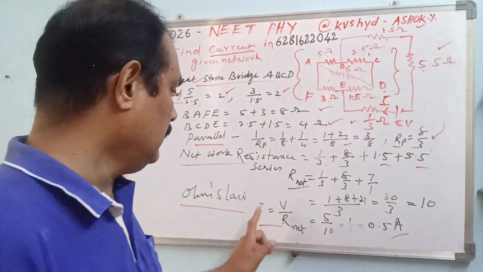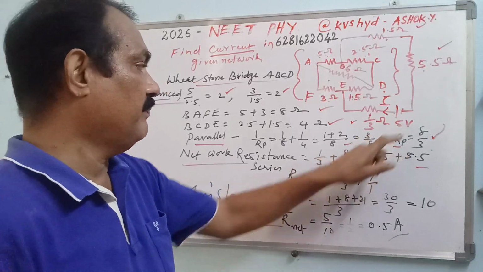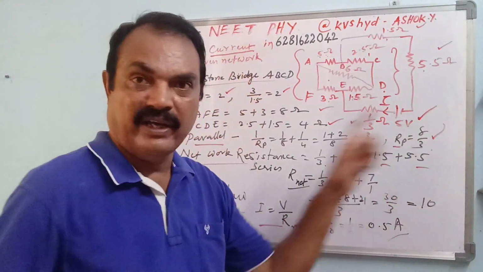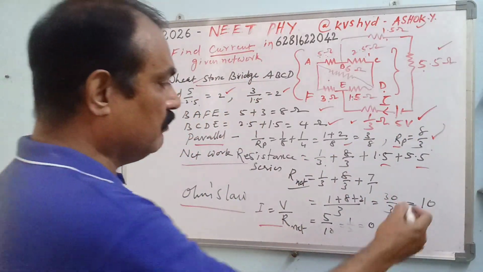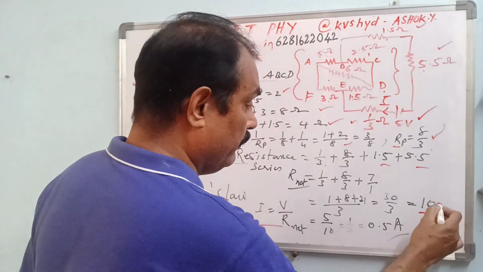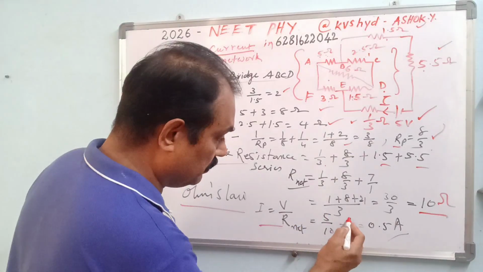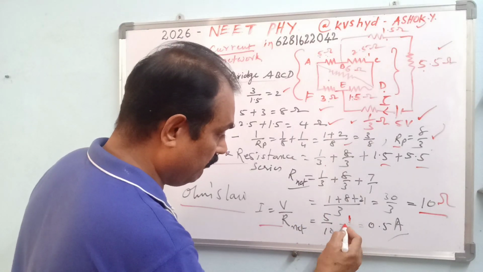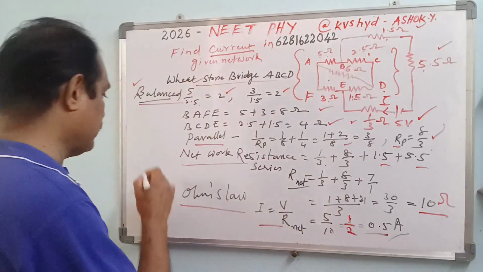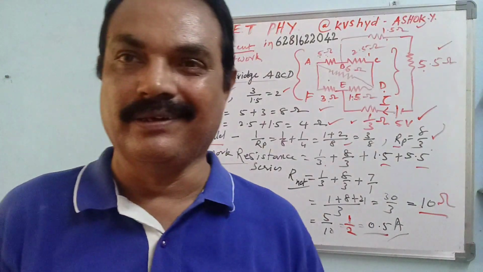So I equal to V by R. V is 5, so 5 by R. The total network resistance you got is 10 ohm. So 5 by 10 becomes 1 by 2, that is 0.5. Options are given, and one of the options is 0.5. You have to tick mark it like this.